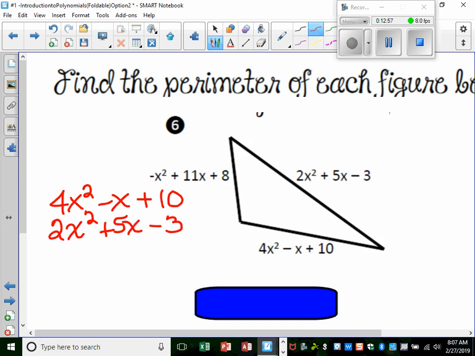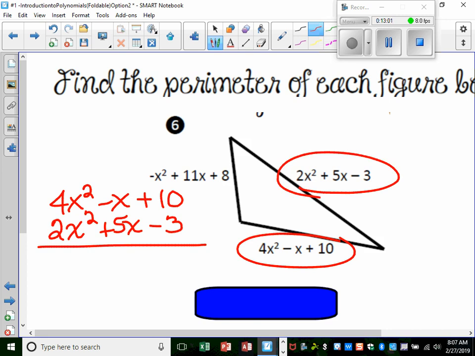So let's say I did these two first. I took these and I added these two together first. So that's going to give me 6x squared plus what? 4x. And this will give me plus 7.